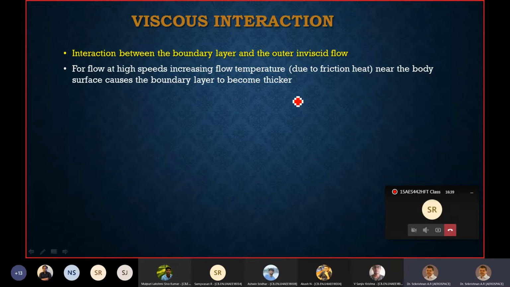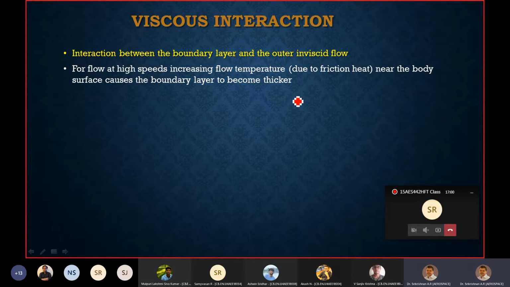So as the air, or whatever, the stream is coming at a high velocity, it has higher temperature near the wall. And because of this, the viscosity increases. When viscosity increases, the thickness of the boundary layer obviously increases, because boundary layer is a region that is required for the entire viscous dissipation.